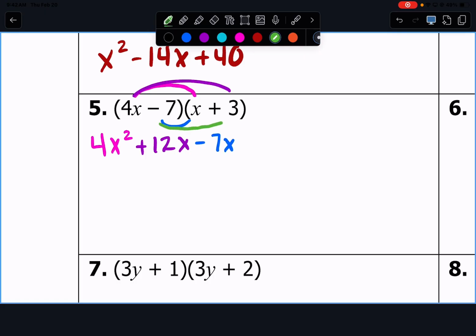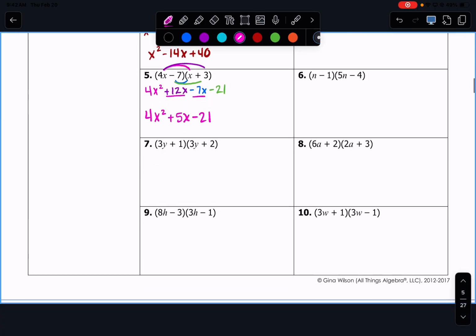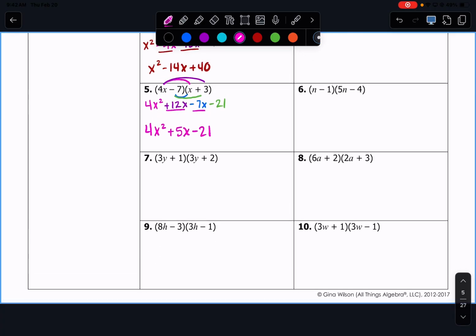Negative 7 times 3. All right, what can I combine? So we get 4x squared plus 5x minus 21. Let's go ahead and flip to the back of this.